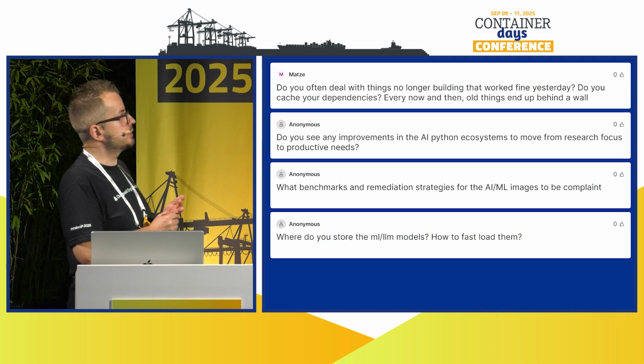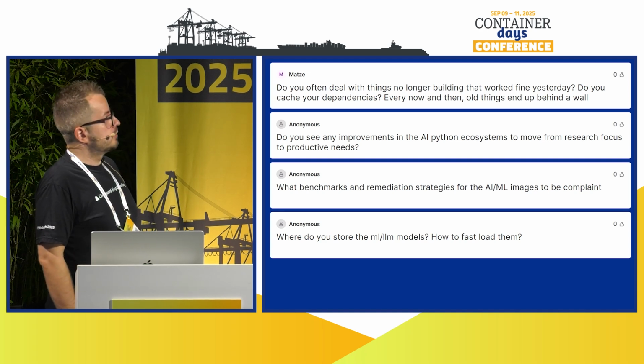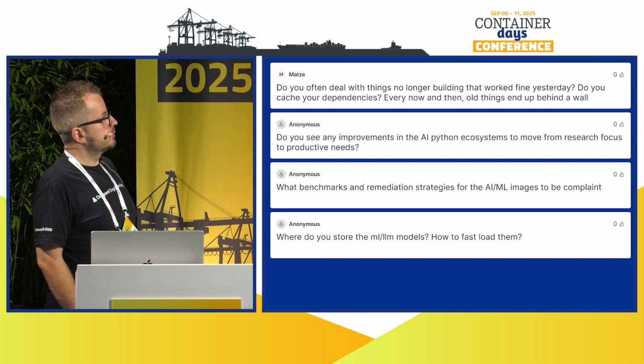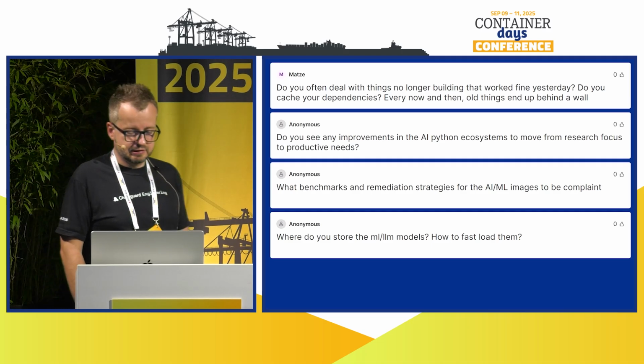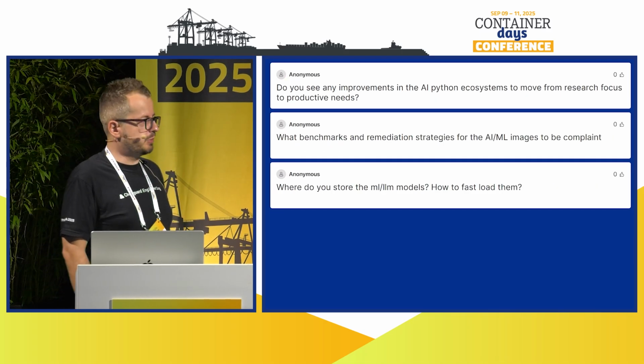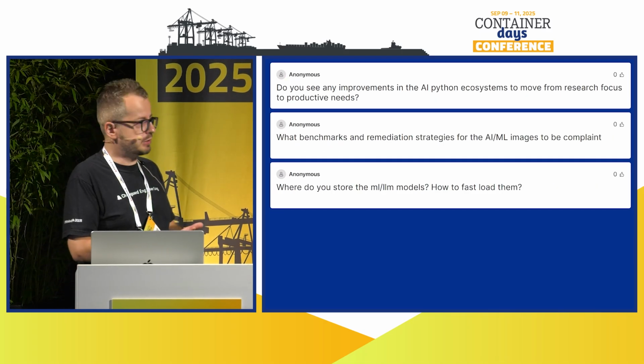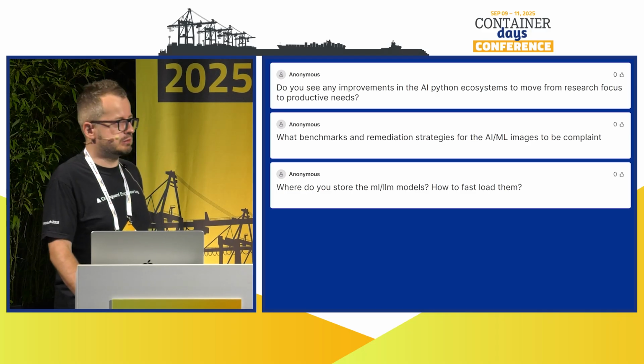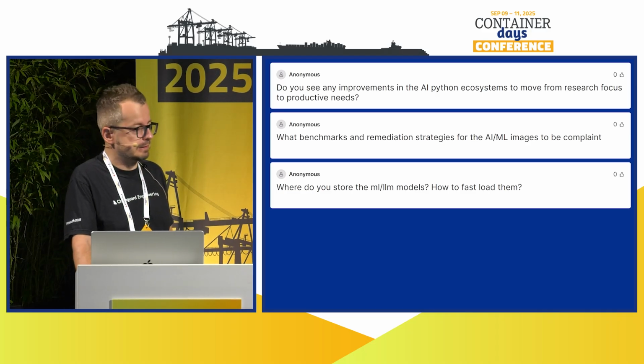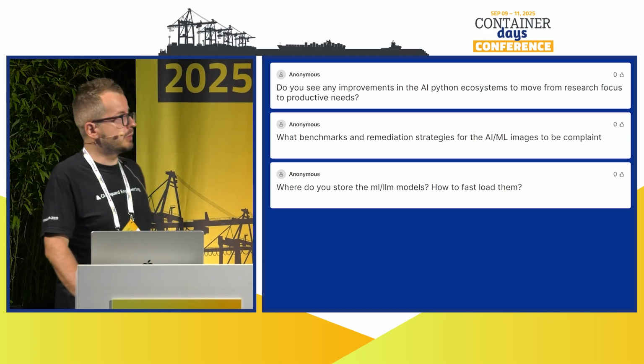And again, importing is challenging, but do you see improvements in the AI Python ecosystem to productive needs? I think there's some improvement. I think all the packages are also more mature now. When I started working on this, it was 10 months ago, and it was more challenging. For example, ARM support is much better now.